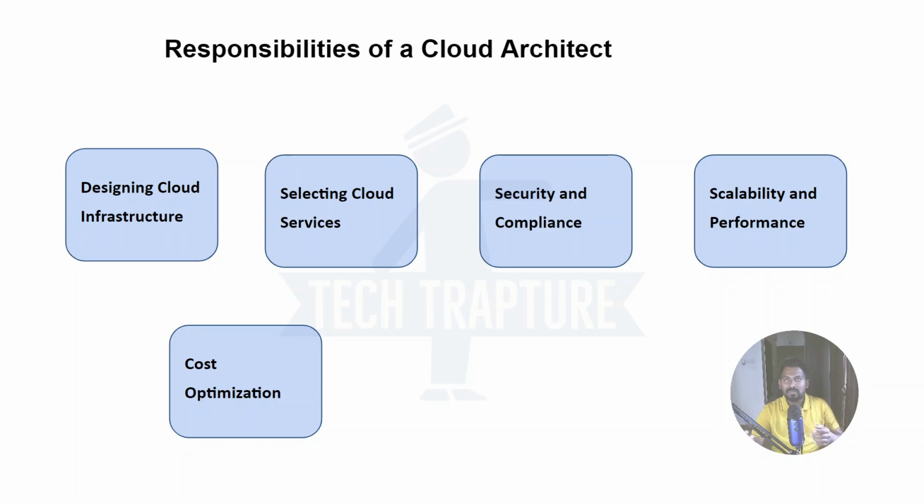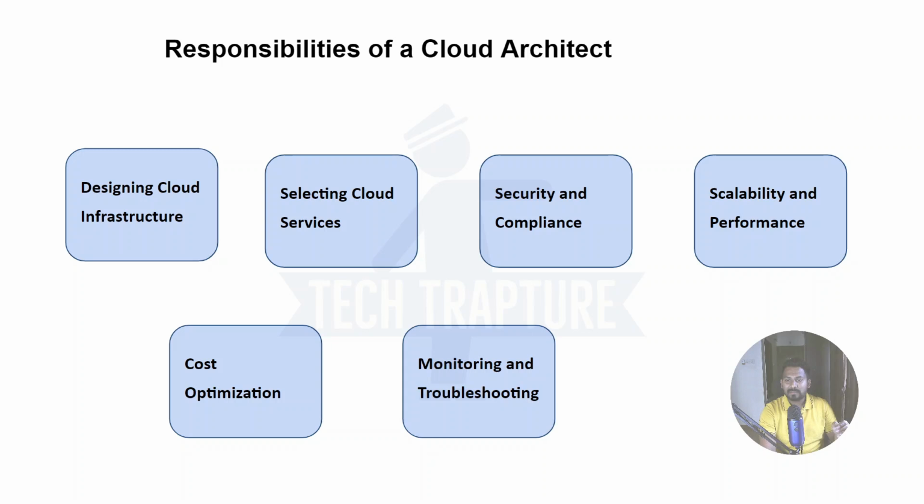Then you have the option to reduce the cost by creating another machine with a lower capacity. The same applies to databases and all infrastructure. Your role is to reduce the cost as well. You cannot unnecessarily spend on cloud infrastructure.